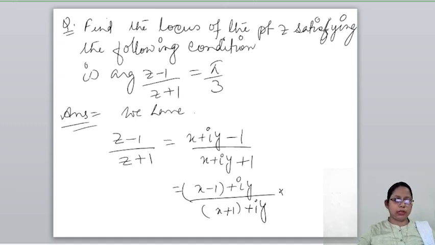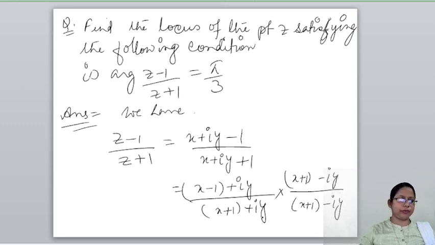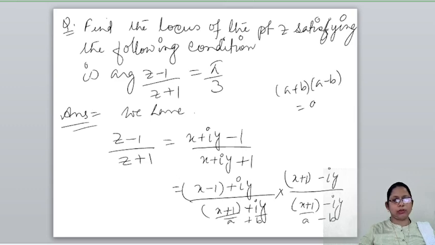Now multiply the numerator and denominator by the complex conjugate of the denominator, that is x plus 1 minus iy. Since this is of the form (a plus b)(a minus b), we know the formula: that is equal to a square minus b square.